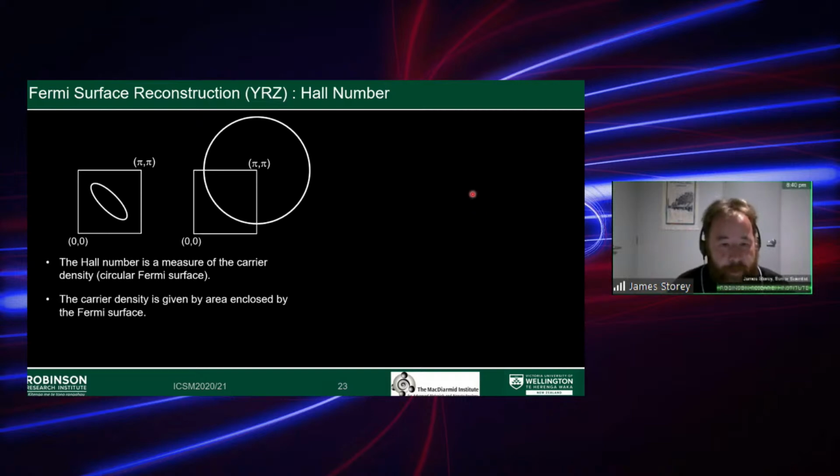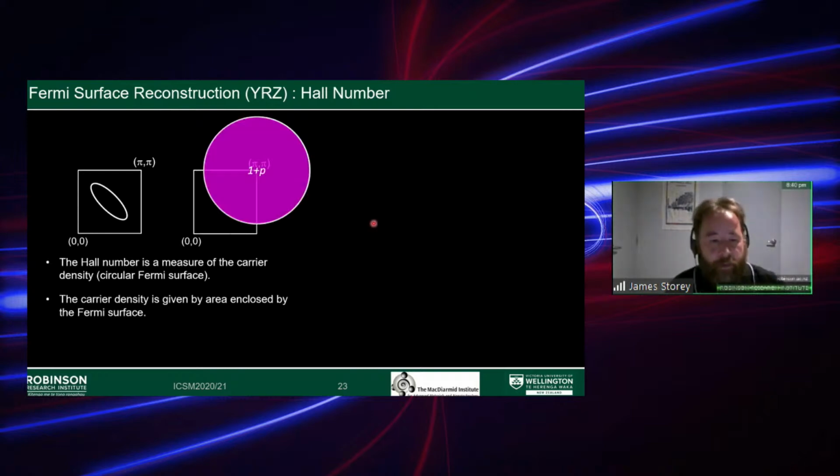Another property that is sensitive to this sort of reconstruction is the Hall number. So the Hall number is a measure of the carrier density, and strictly speaking, for a circular Fermi surface is proportional to the area enclosed by the Fermi surface.